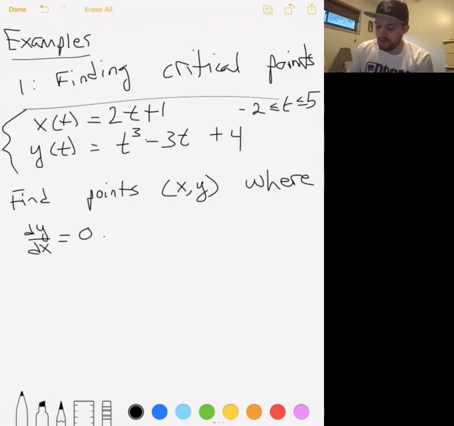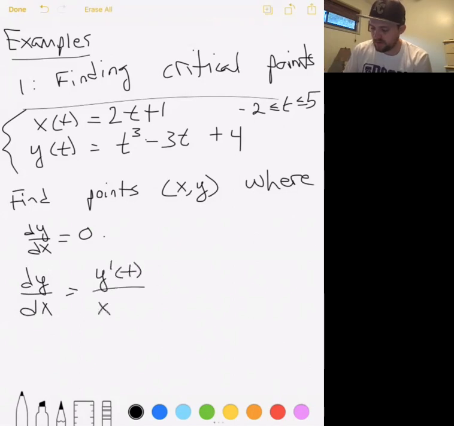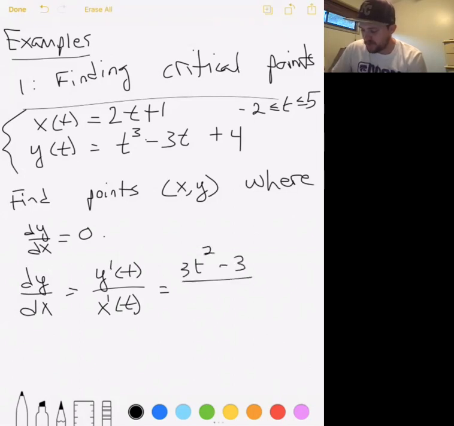Well, we can solve for dy/dx now. What is dy/dx? By the last theorem, it's y prime of t over x prime of t, which in our case, let's calculate this. y prime is going to be 3t squared minus 3, over x prime of t, which is 2, right?